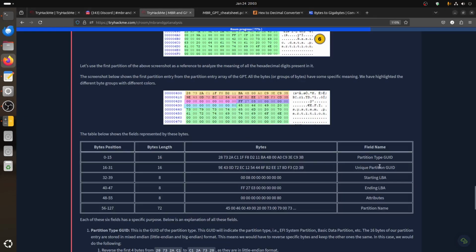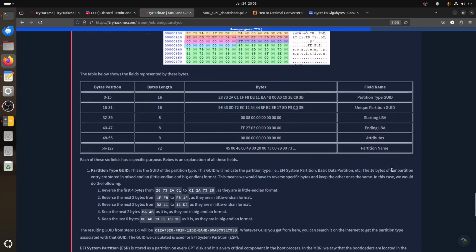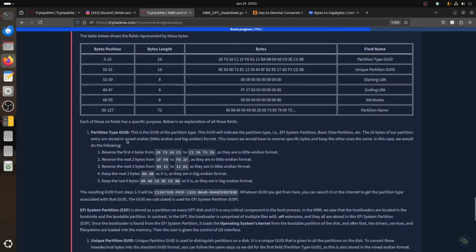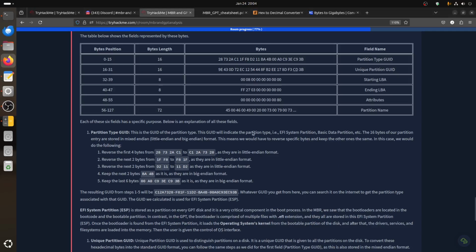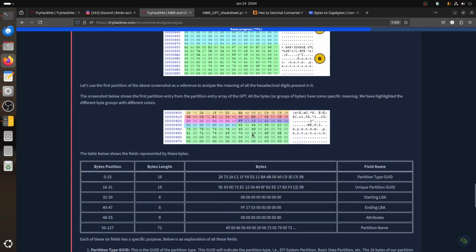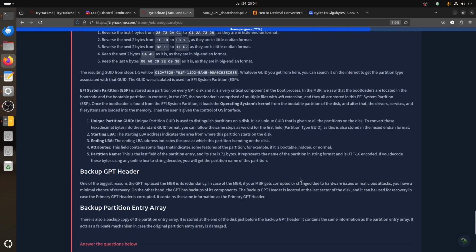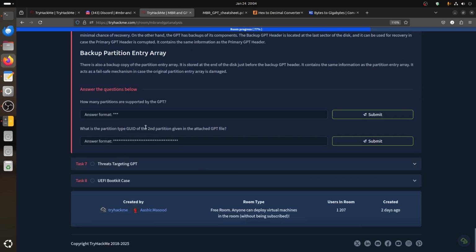Okay, the first one is the partition type UID, and the second is the unique partition UID. This is the one that we look at first, and the partition type UID is the first block. So we do the first block, which gives the second partition.